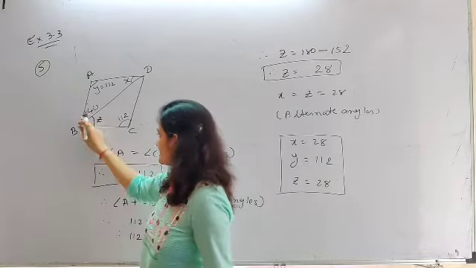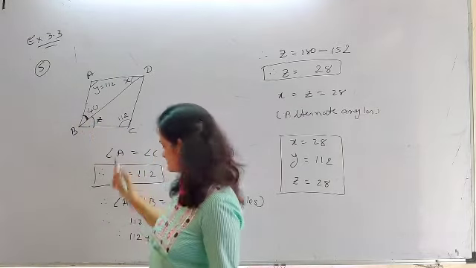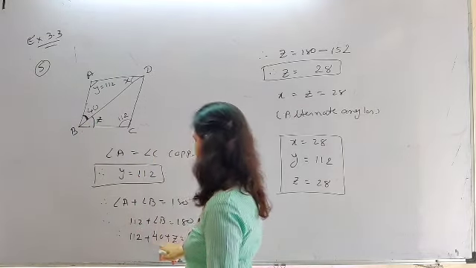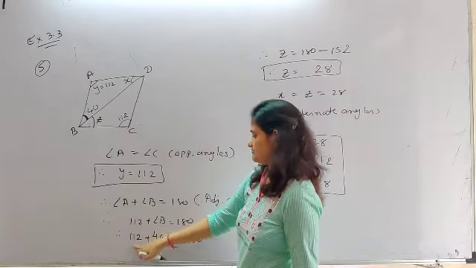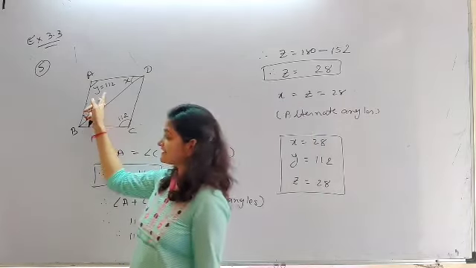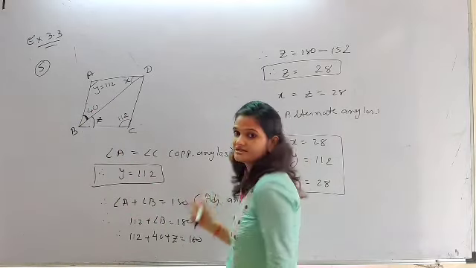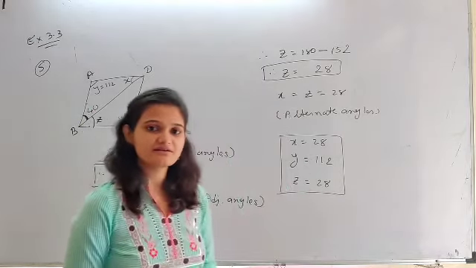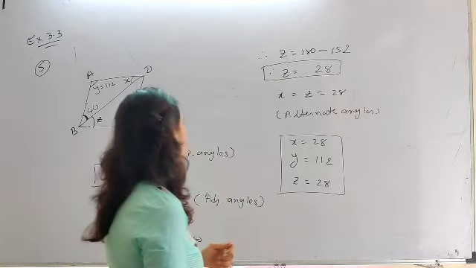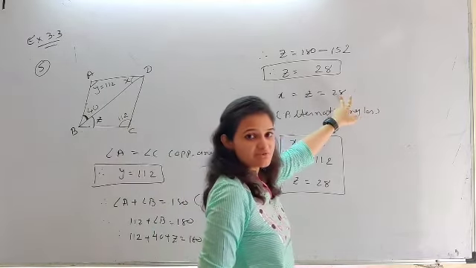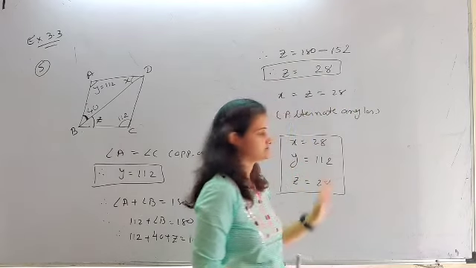So angle B is ultimately 40 plus Z. So I substituted here: angle B is 40 plus Z, plus 112, which is y. So Z will be 28. Z and x are equal as they are alternate angles. So Z is equal to x is equal to 28.